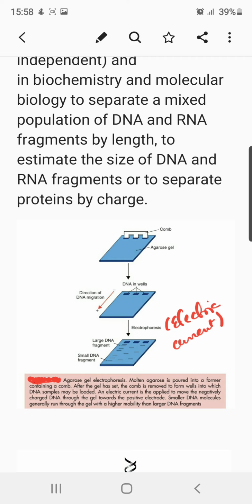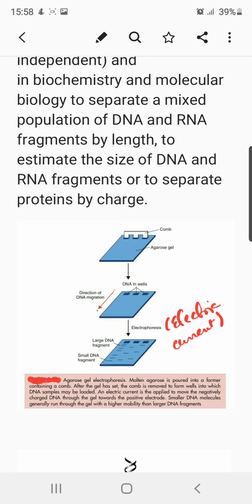As you can see in this diagram, the DNA fragments with low molecular weight travel most of the distance into the electrophoresis plate.